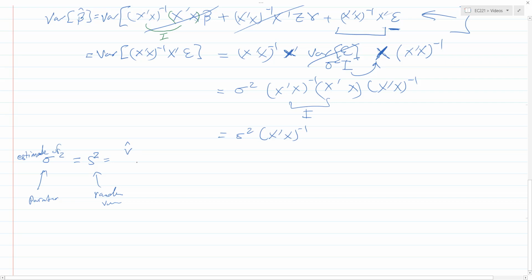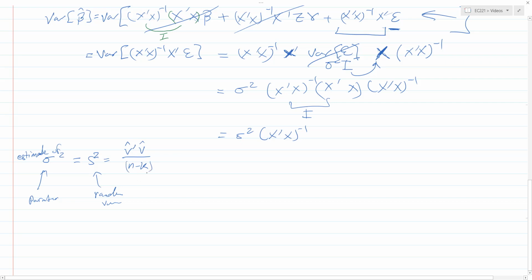It's like when we used to write small x for large X in ST102, being that small x is the realized value of big X. Okay, so this is equal to v hat prime v hat over n minus k, n being the number of observations, and k is how many parameters, how many regressors we have.